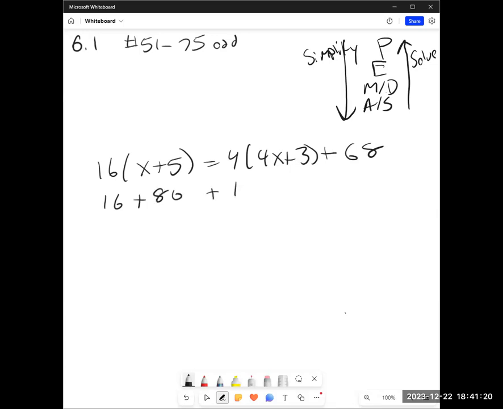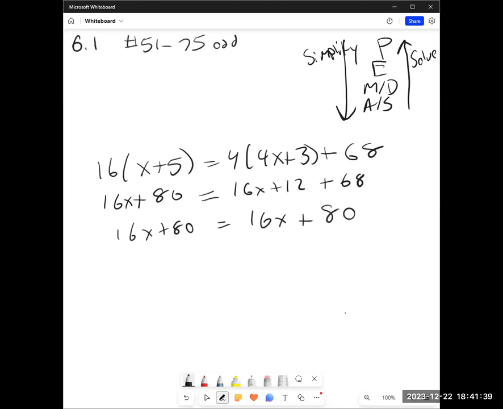That was 16x. This is 16x plus 12 plus 68. That's an equal sign. 16x plus 80 equals 16x plus, and that's also 80.